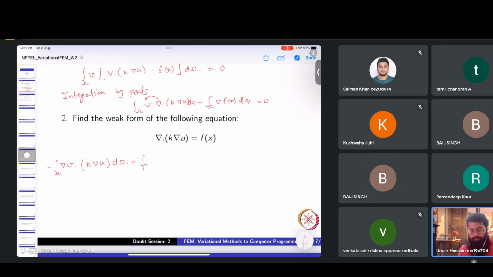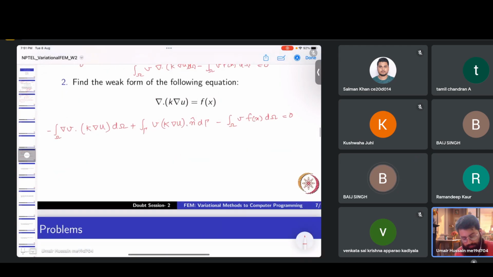We assume the domain omega has a surface gamma, and then we have the second term: k del u dotted with the normal vector. Then we have minus v times f of x d omega equals 0. So this is our weak form.